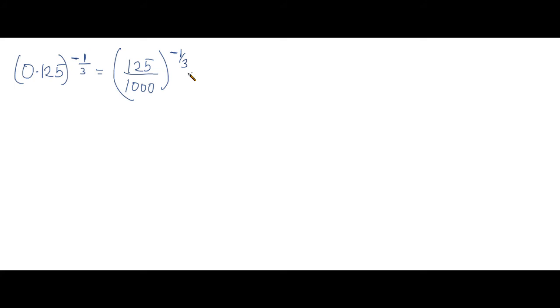And solving this further, obeying the laws of indices, this will be 1000 over 125 all raised to power of 1 over 3. Changing this negative power to positive, this will now be the cube root of 1000 over 125, and excuse me, this will be 10 over 5.